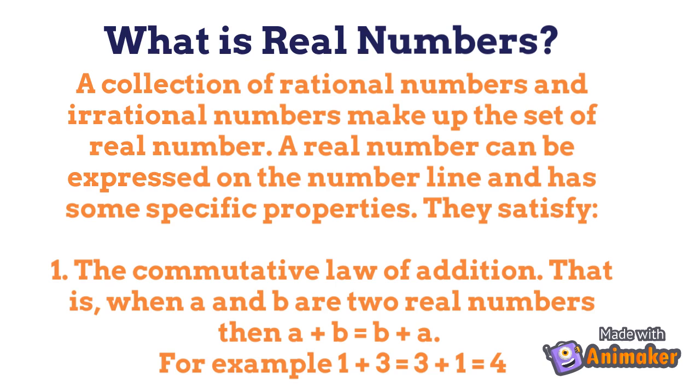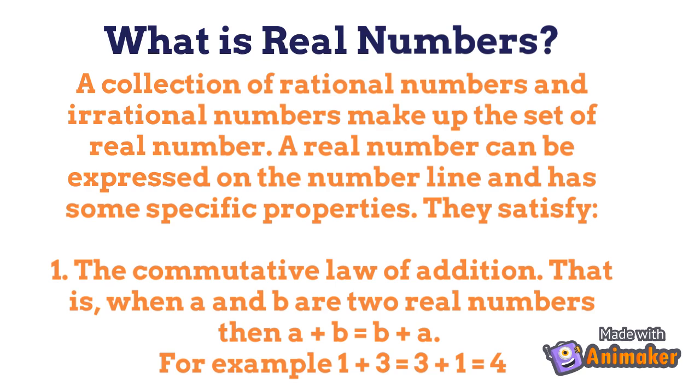Okay, so you got the clear picture about rational and irrational numbers, and then real numbers follow some rules or properties. So the first rule or law is the commutative law of addition.